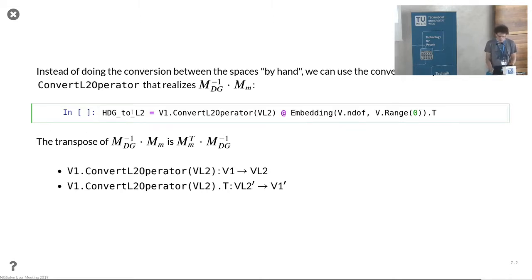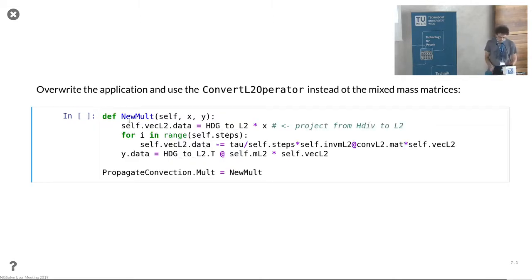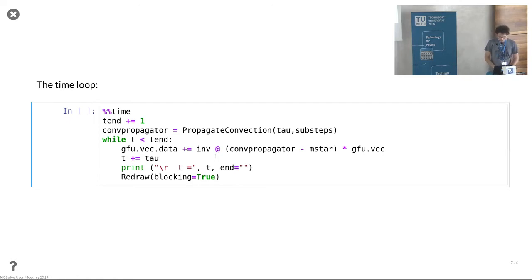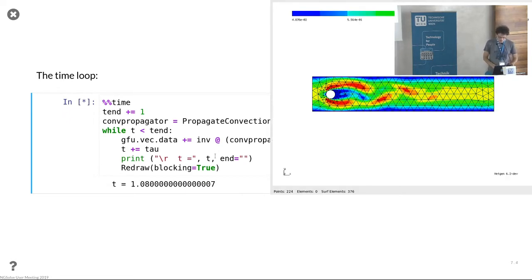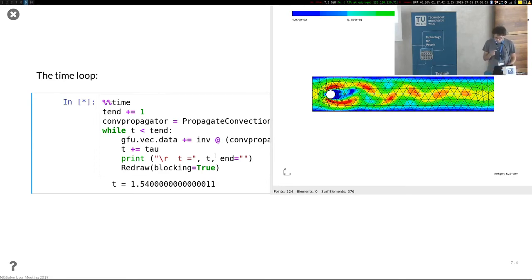This is what gives you that operator here. And then the corresponding multiply operation of this propagate operator takes this form, where we just have the HDG to L2 operator, which replaces the mass matrix inverse and the mixed bilinear form applications, and the same also for the result vector here. Okay, and then we can do the same as before, so continue with a few other time steps. All right.